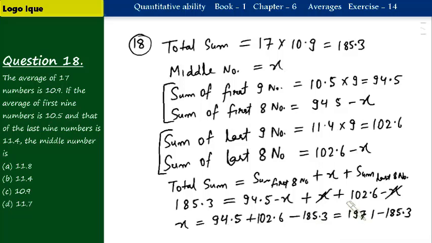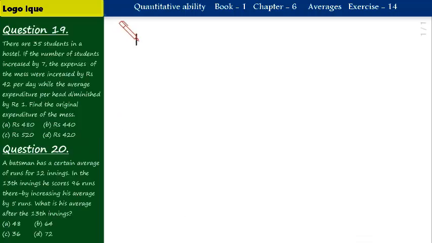So it must be equal to 11.8. So x is equal to 11.8, the middle value. Right, so you have to be a little careful and play this carefully. The middle number is 11.8.